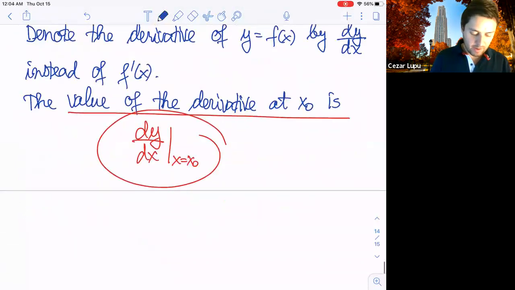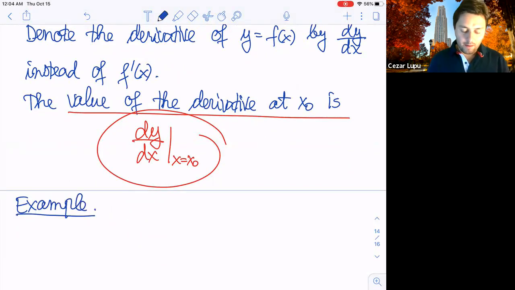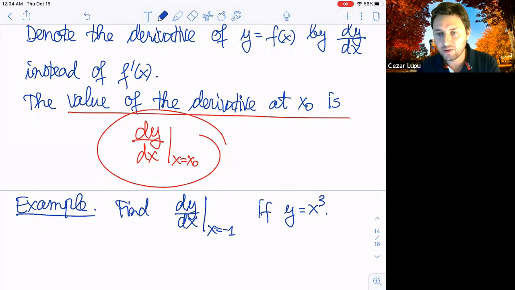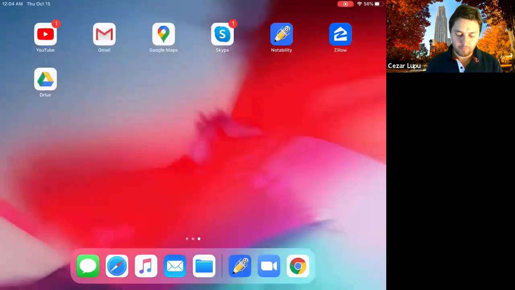So example: using this notation, find dy over dx at the point x equals -1 if y equals x cubed. It basically says find the derivative of the function x cubed at the point x equals -1. It's the same thing. So again, you can use the difference quotient and so on.